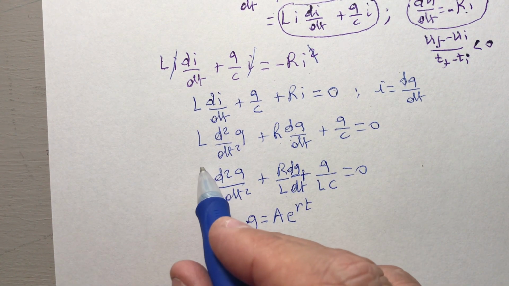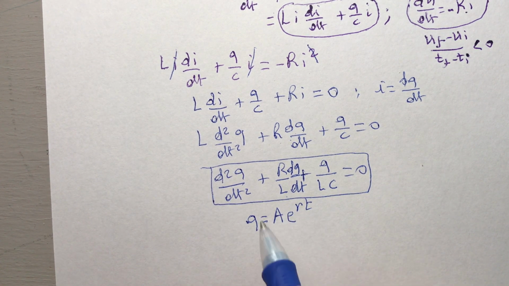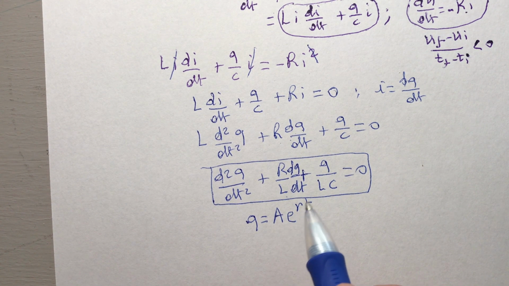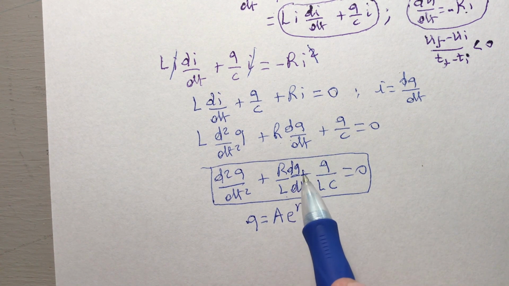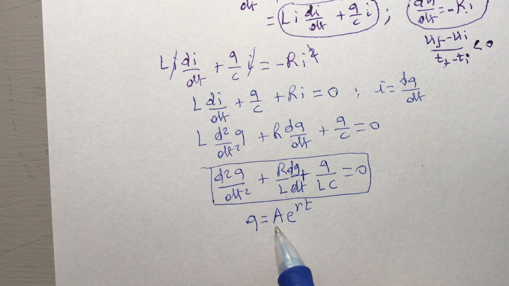This is a differential equation. By using this change of variables, I'm going to make it an algebraic equation, and I solve it using algebra. I'm going to change this equation from differential to algebraic by using this. This A is a constant, and this r is a constant.